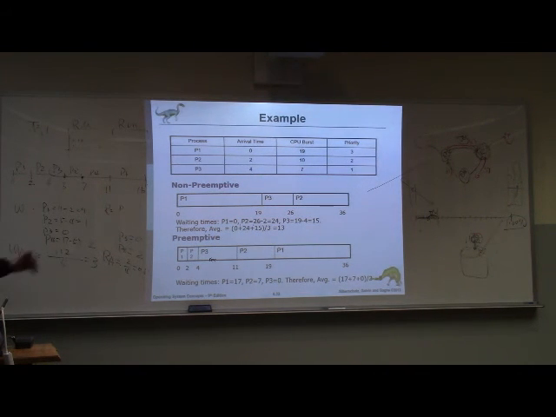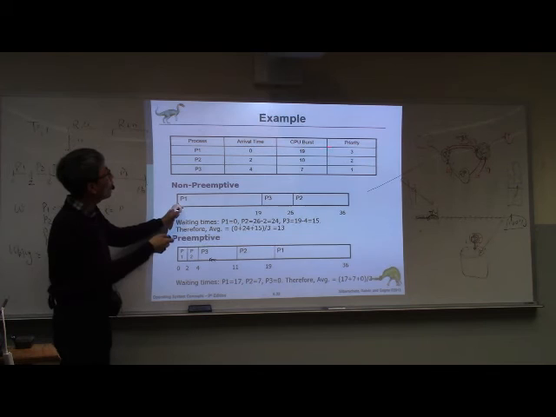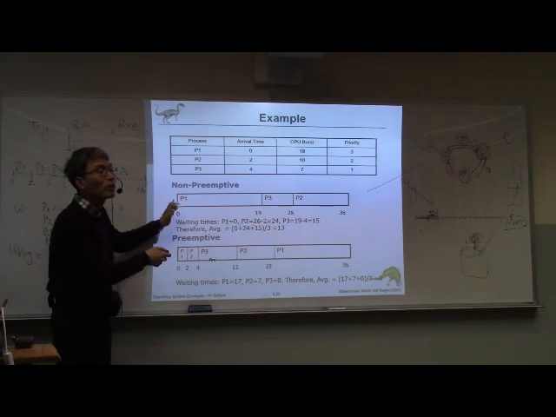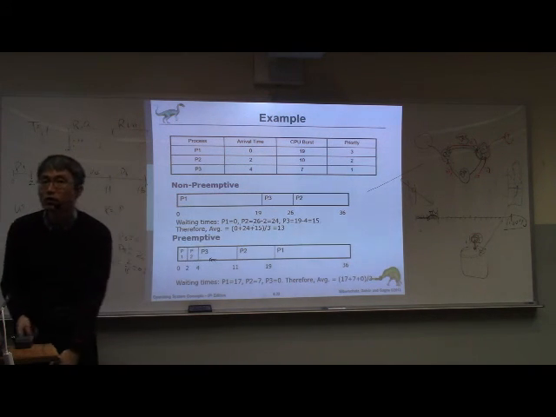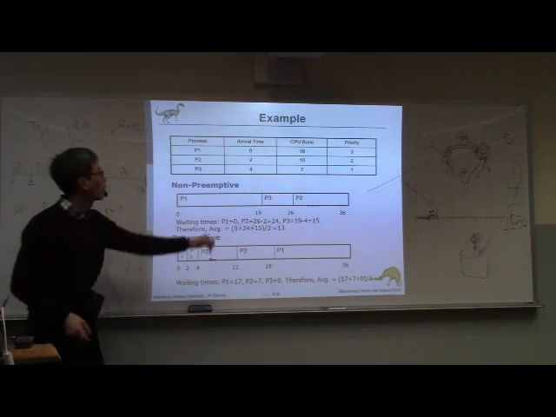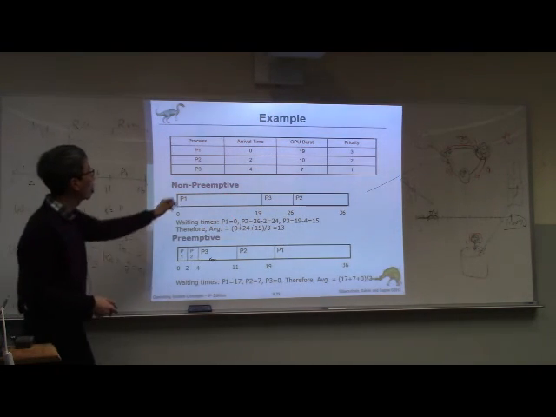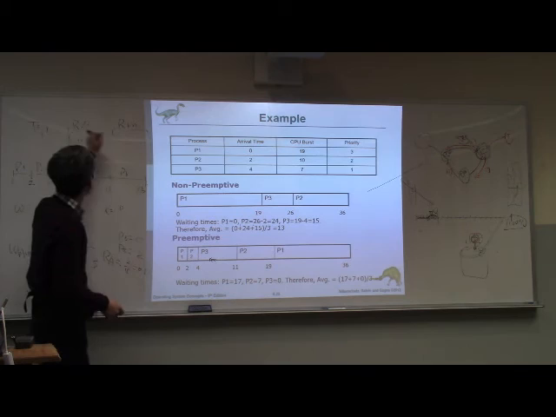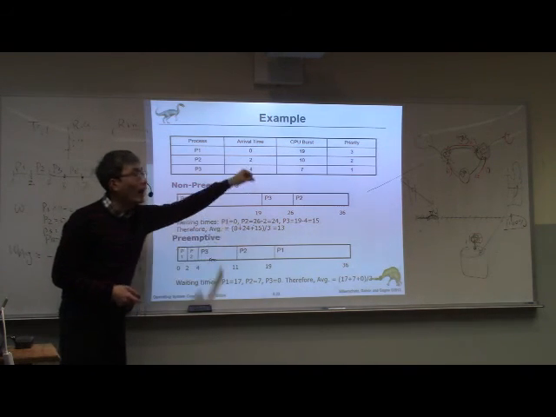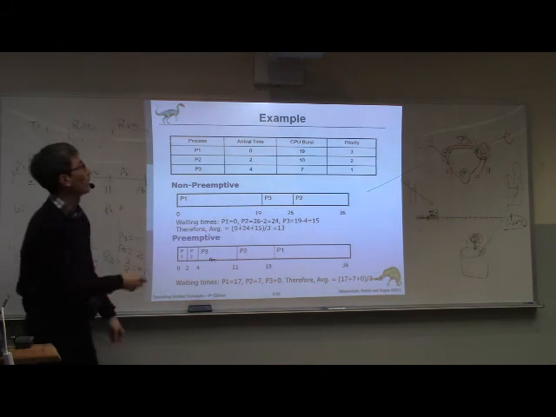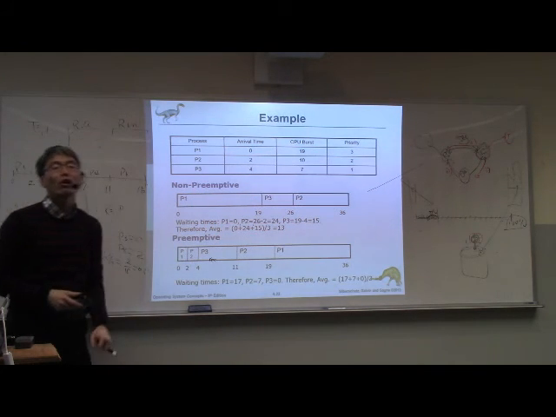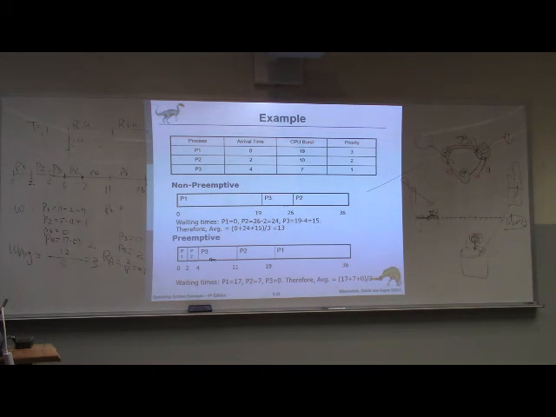In the non-preemptive case, at time 0, P1 will be selected, which means P1 will take all the CPU resources until it terminates. Even though we have P2 and P3 in the ready queue with higher priority, there will be no context switch. Then we can calculate the waiting time.